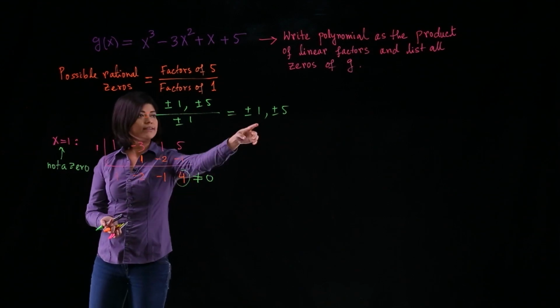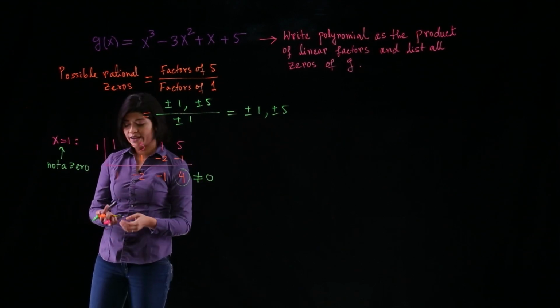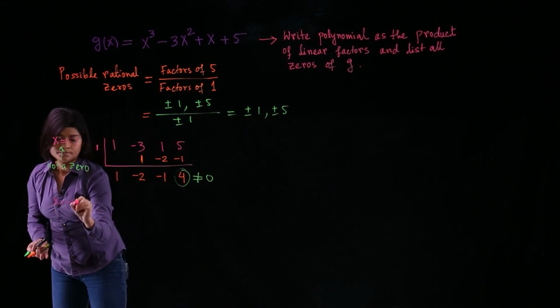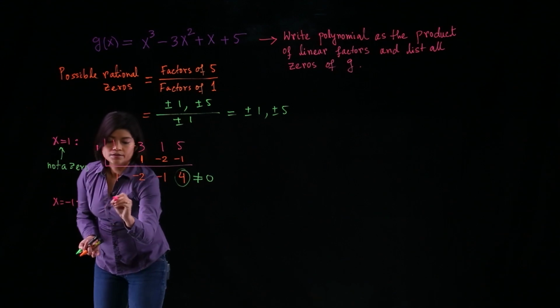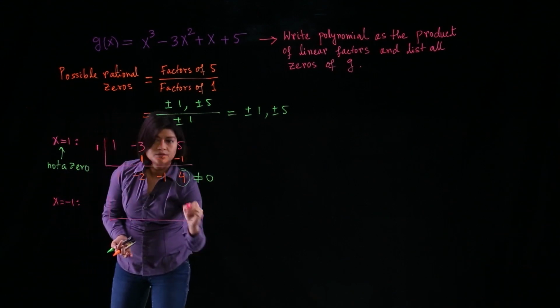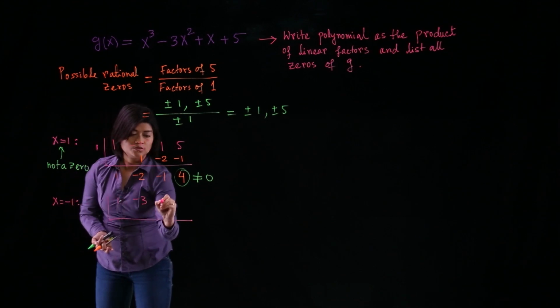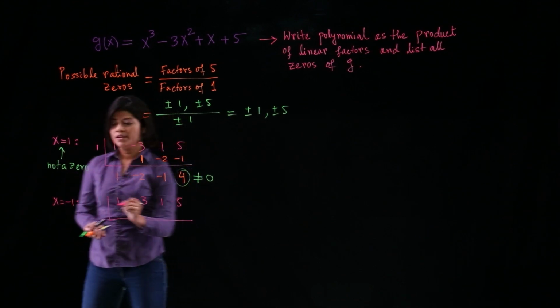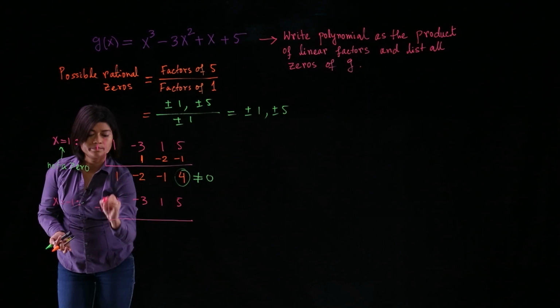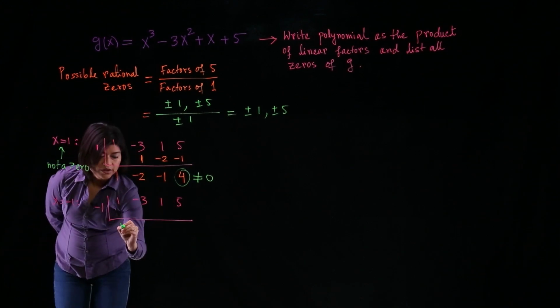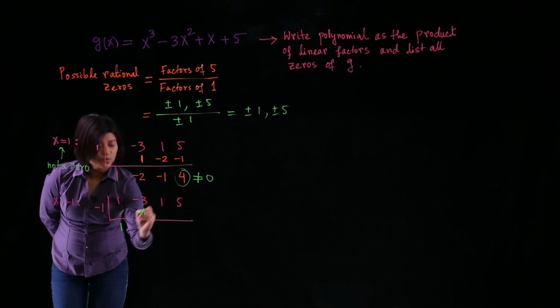Let's move on. Let's take the next number. How about x equals negative 1? So let's try that. Okay, so we take the coefficients again, 1, negative 3, 1, and 5. And this time we use negative 1. So bring down 1. 1 times negative 1 is negative 1.